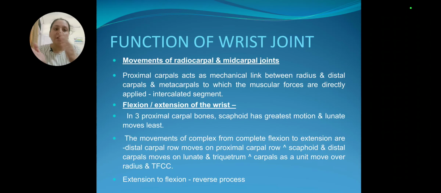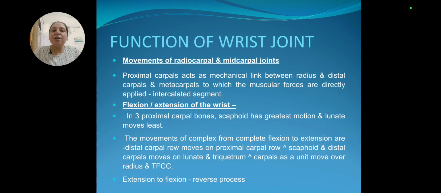So there are three rows: the distal radius and ulna, the proximal carpal row and the distal carpal row. The proximal carpal row is a mechanical link between the distal radius and ulna and the distal carpal row, which is why it is called an intercalated segment.